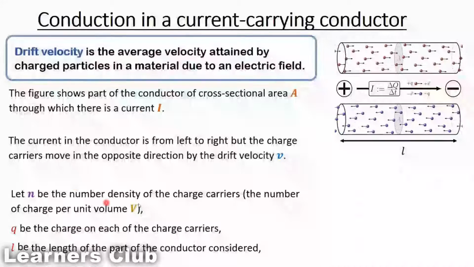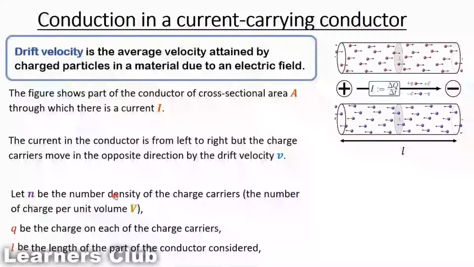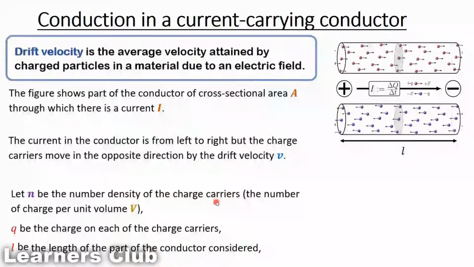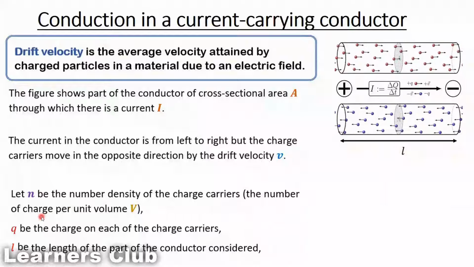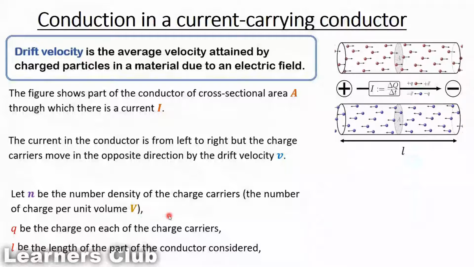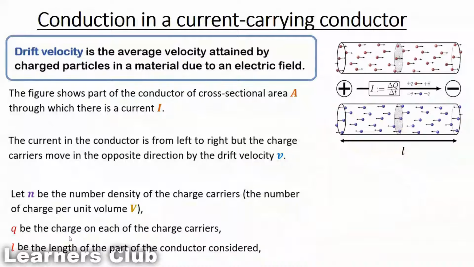Let n be the number density of the charge carriers. What is n? n is the number density of the charge carriers, in other words, the number of charges per unit volume. In other words, for 1 meter cube, what is the number of charges passing through? q is the charge on each of the charge carriers. L is the length of the part of the conductor considered.